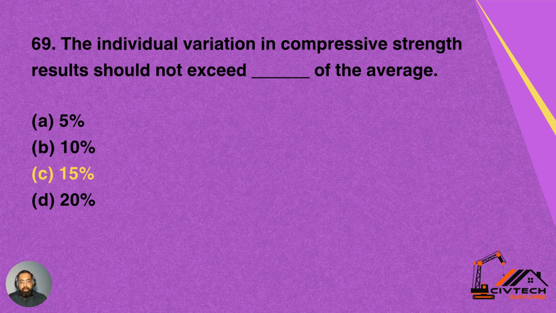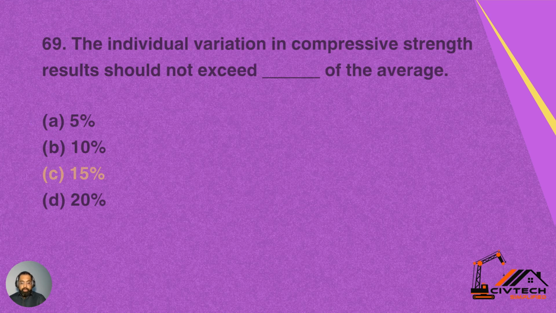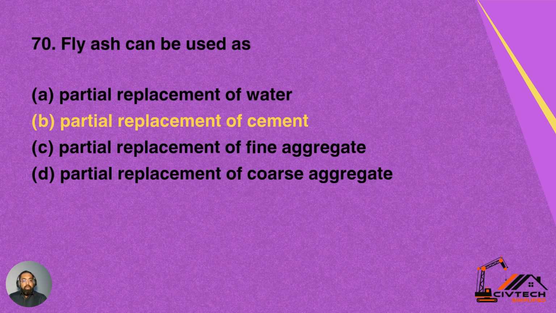It means the individual variation of the compressive strength result should not exceed 15% of the average. So if we are testing 3 samples, its individual strength should not vary from one sample to another by more than 15%. It should be under 15%. For example, if one sample is giving say 100, the other should be within 115.